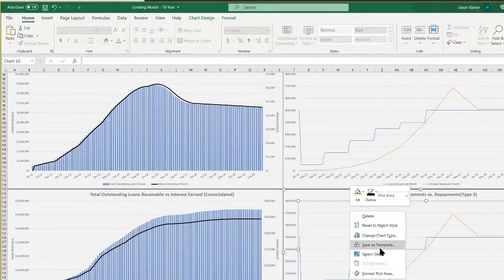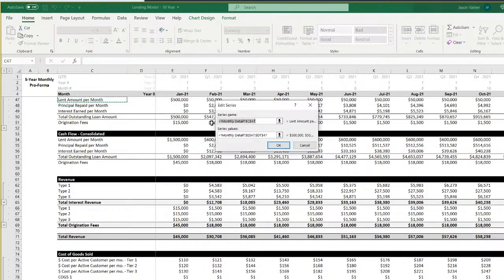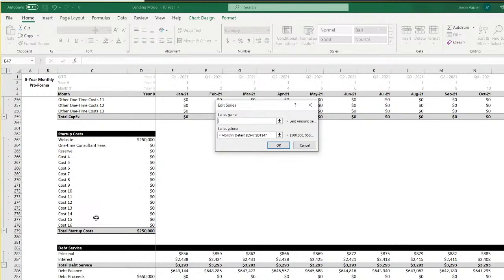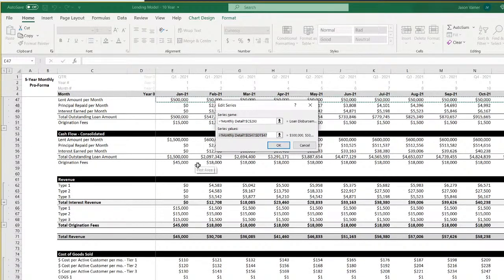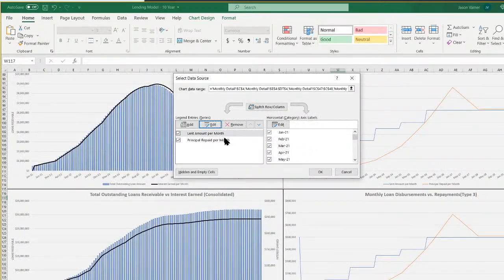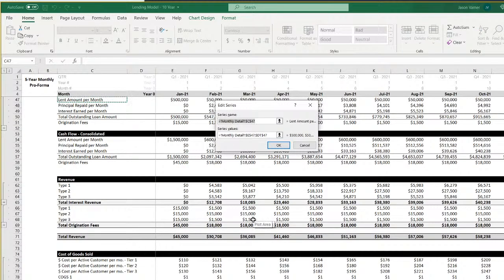So if we go select data, we've got it right here, loan disbursements. Well, hold on, what lent amount? Let's make sure we keep the labels the same.